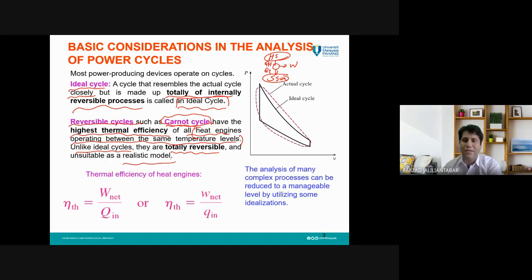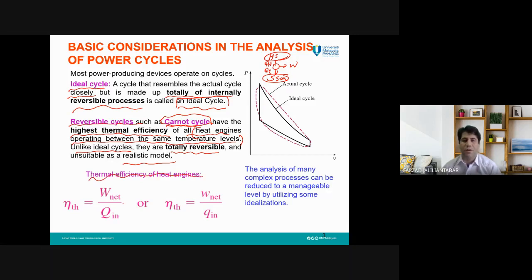But the thing is, because we assume that all of the processes are reversible, sometimes this assumption may cause some big error in our calculation. For example, what is important in our calculation? One of the most important characteristics of any heat engine is its thermal efficiency.